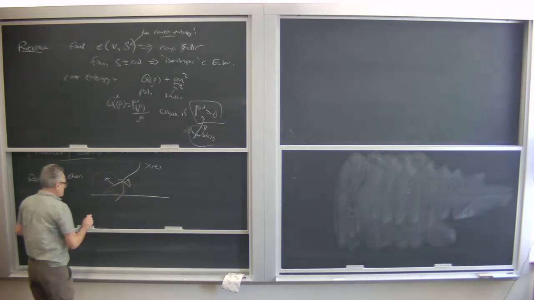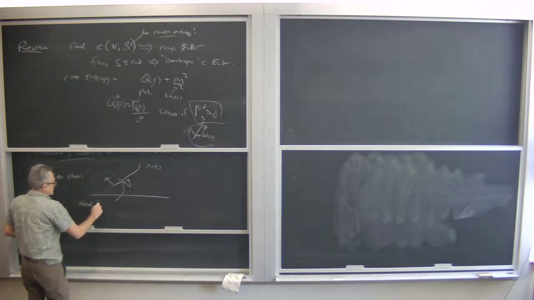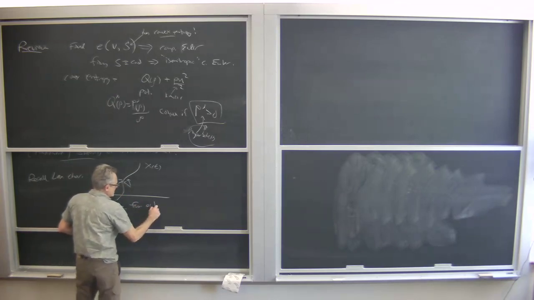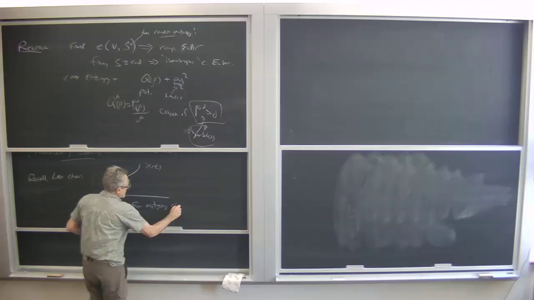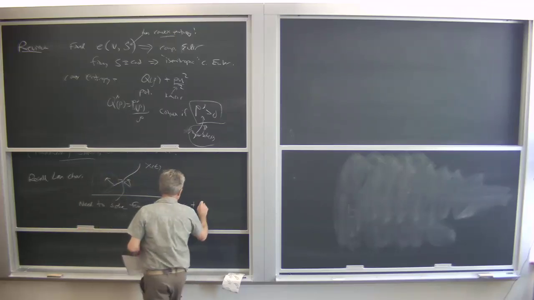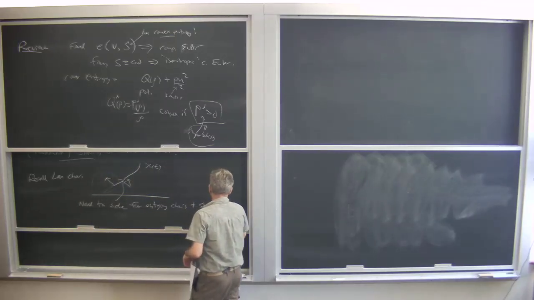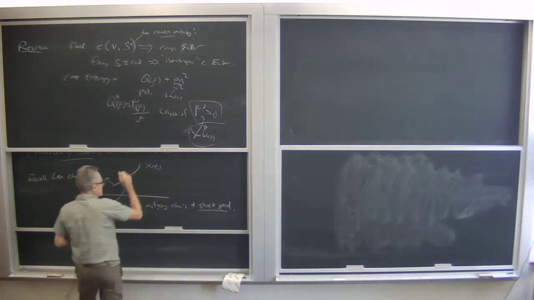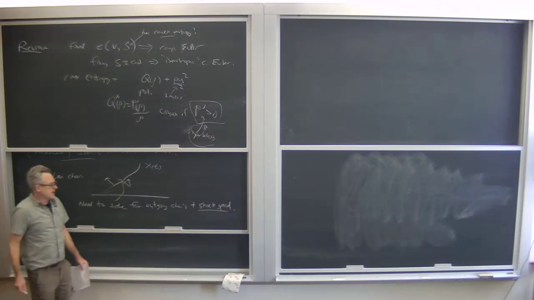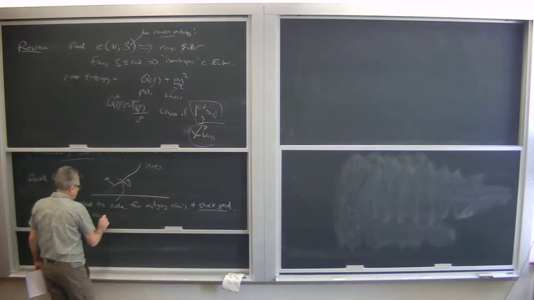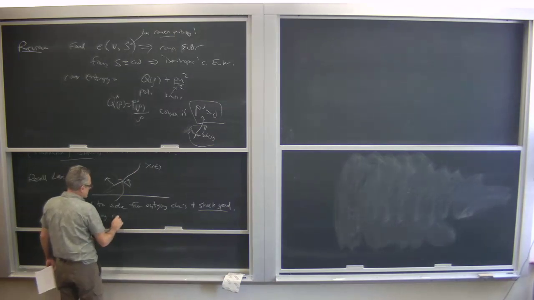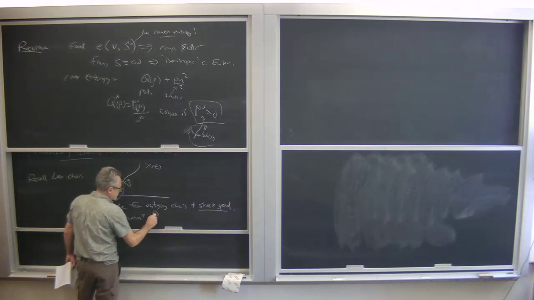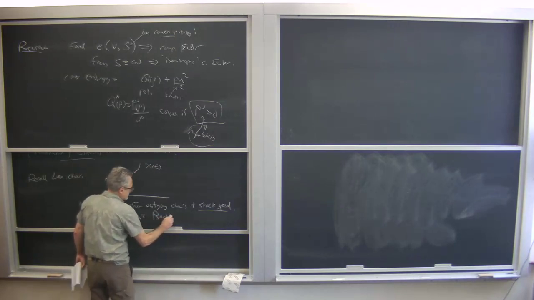So we need to solve for the outgoing characteristics plus the shock speed, because that is a free boundary between the two waves. And we only have one piece of information, and that is conservation in the form of the Rankine-Hugoniot condition.